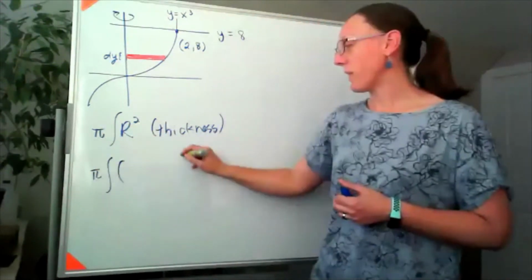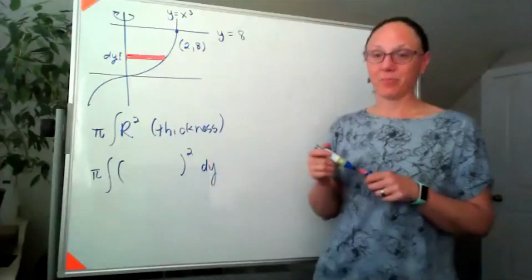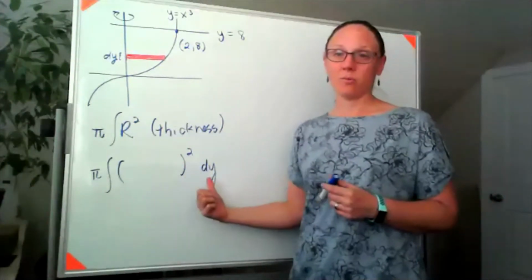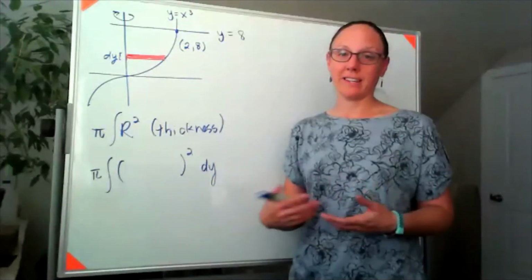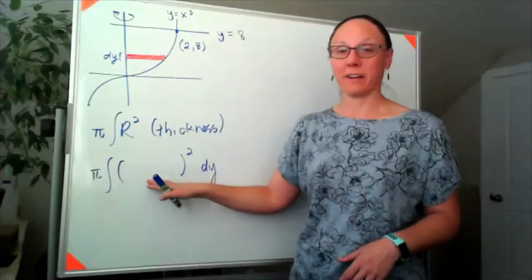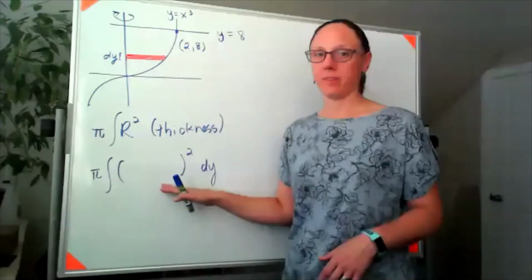So I'm going to have something squared and a little bit of dy. Since I know that I'm going to need a little bit of dy, that means that I'm integrating this entire thing with respect to y. There should be y's in here.